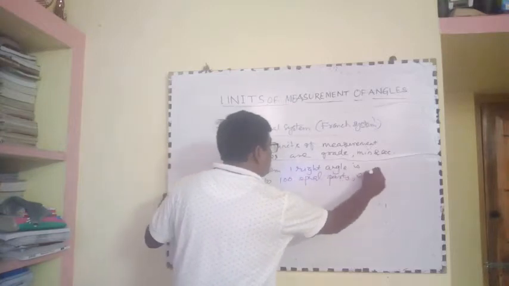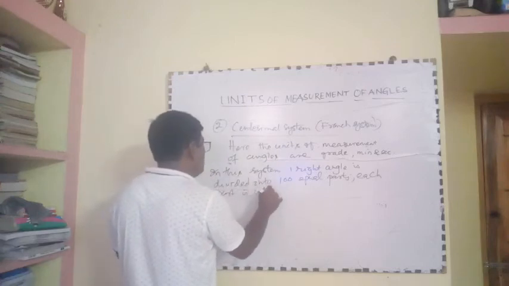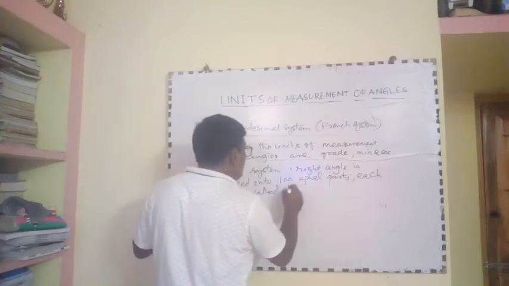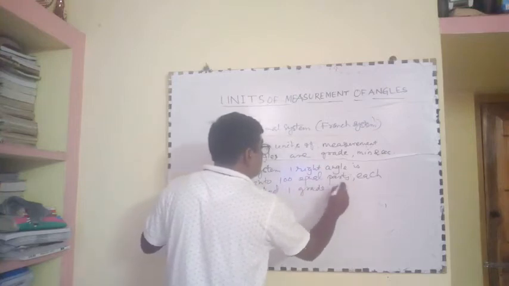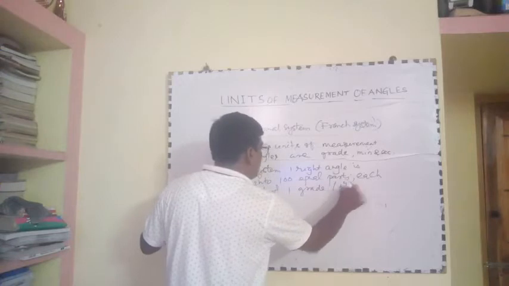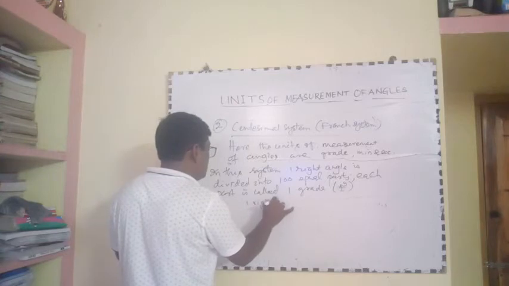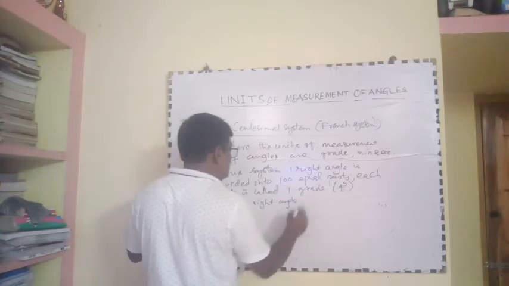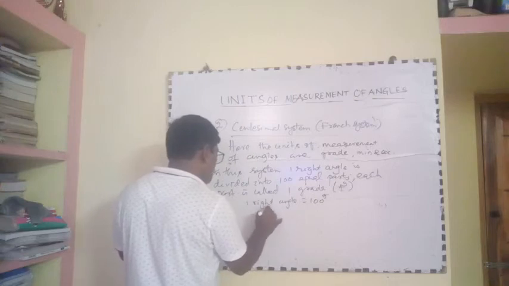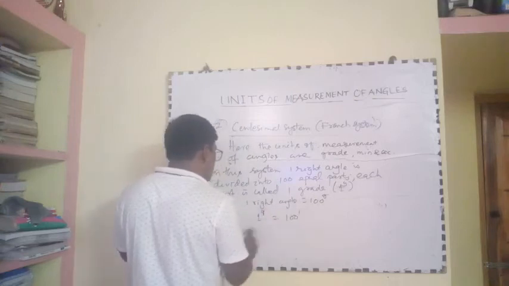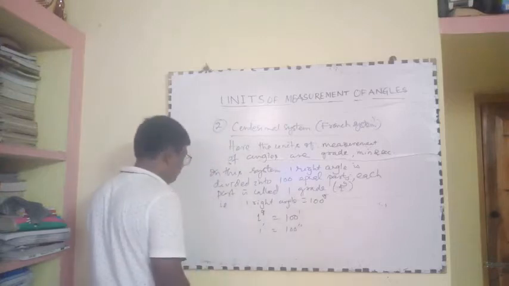Each part is called 1 grade and denoted as 1G. That is, one right angle is equal to 100 grade, and 1 grade is equal to 100 minutes. 1 minute is equal to 100 seconds.